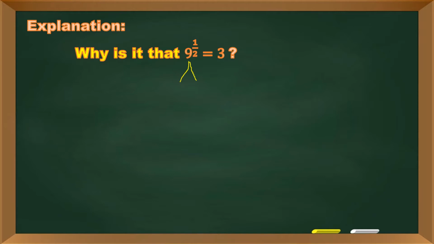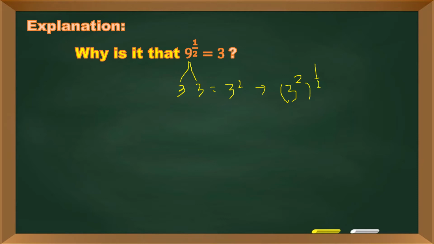Let's say, for example, 9 raised to 1 half can be expressed as 3 times 3. But 3 times 3 is 3 squared. So therefore, 9 raised to 1 half is as good as 3 squared raised to 1 half.